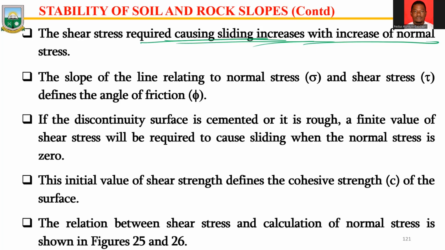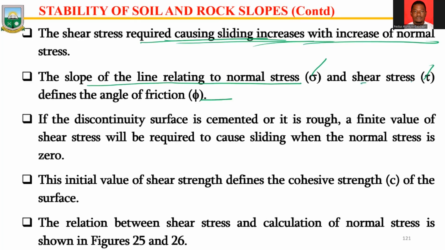So the slope of a line relating normal stress, which is this sigma, and shear stress tau, and then you have your internal angle of friction. These are the things we made mention of when we were talking about the Mohr circle.